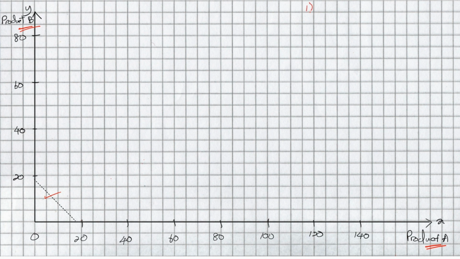So the first step: product A is represented by the x-axis, product B is represented by the y-axis. The second step is the objective function, which is z equals 3x plus 5y. This is the objective function.